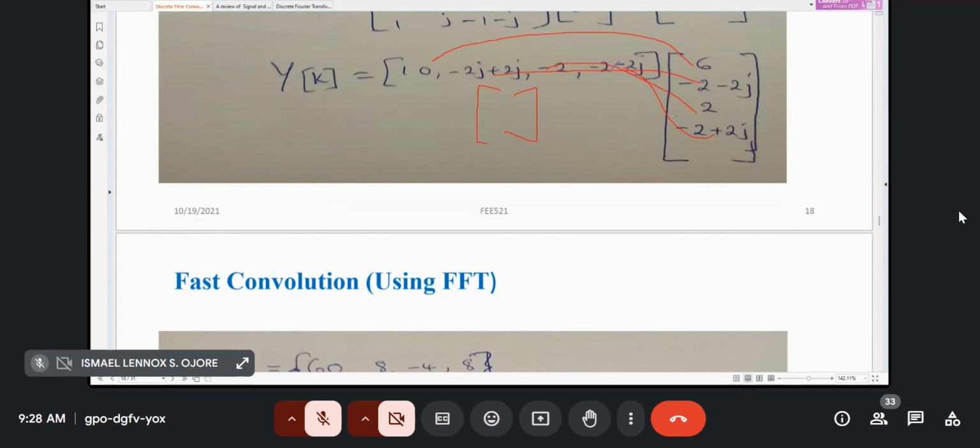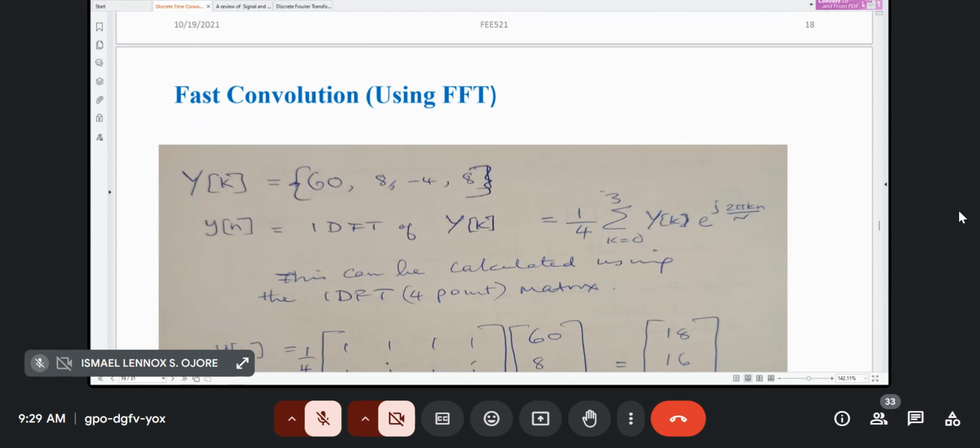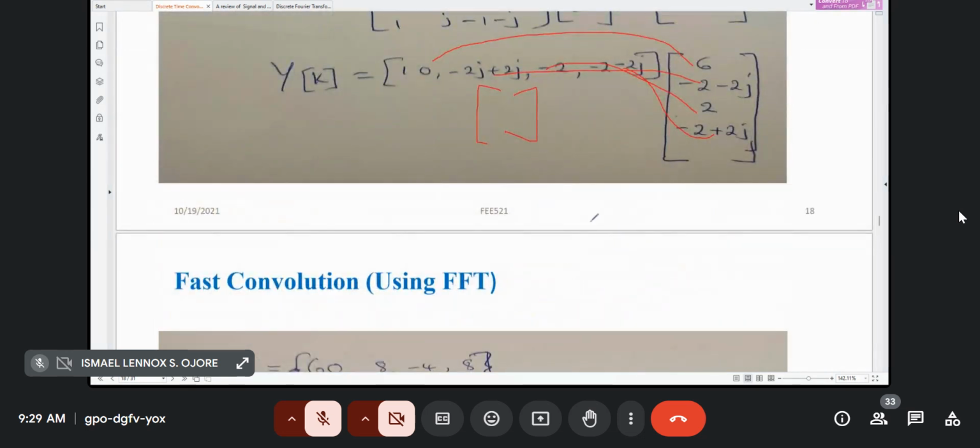Yeah, because this is 10 times 6, 60. If you multiply this and this, it will end up giving us 8. Oh, this is minus 2j plus 2j times minus 2 minus 2j. So this is plus 4j minus 4j.